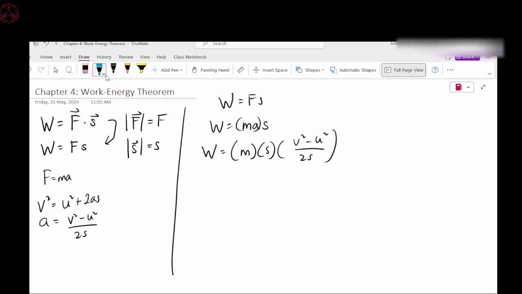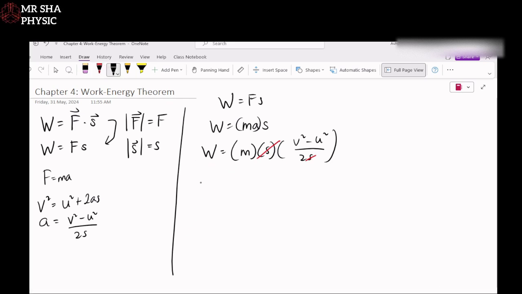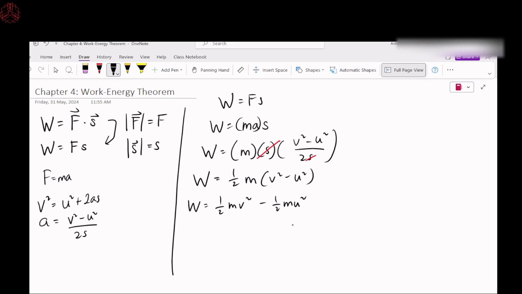As you can see, the s's just cancel out, and I can write this quite nicely to be half m times v squared minus u squared. I can multiply this into the brackets. What I'm left with is half mv squared minus half mu squared.